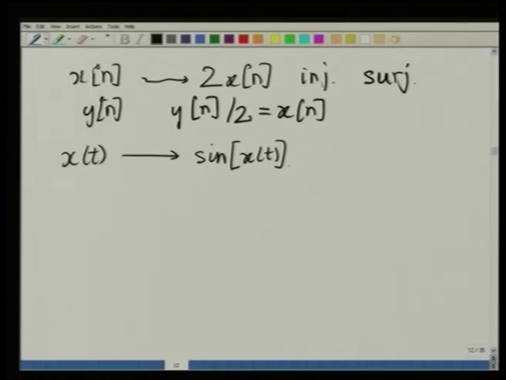I will assume that x(t) is a real valued signal, so that at any point of time t, x(t) has a real number as its value. Now, if x(t) is a real number, then I can use it as the argument of the sine function and obtain some output value at that same point of time. So, for x(t) I get sin x(t) as the output. This is fine. For different input signals, would we get different output signals? So, the question of injectivity, is this system injective?